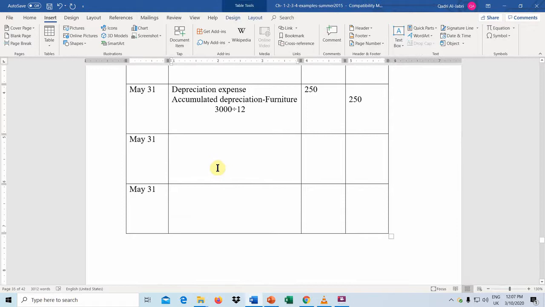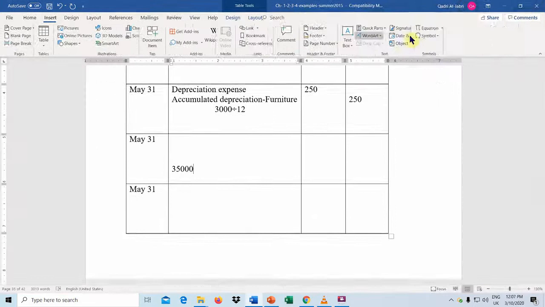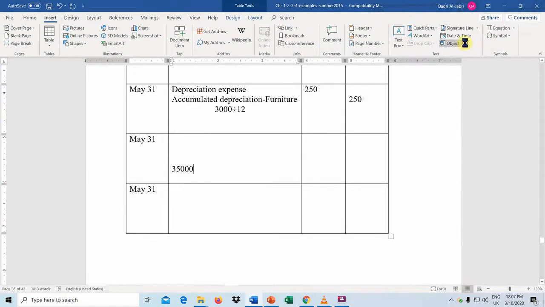So simply we'll say 35,000 multiplied by the interest rate, which is 12%, and times the fraction of the year. Because we simply want an interest for 1 month, so we'll say 1 divided by 12.